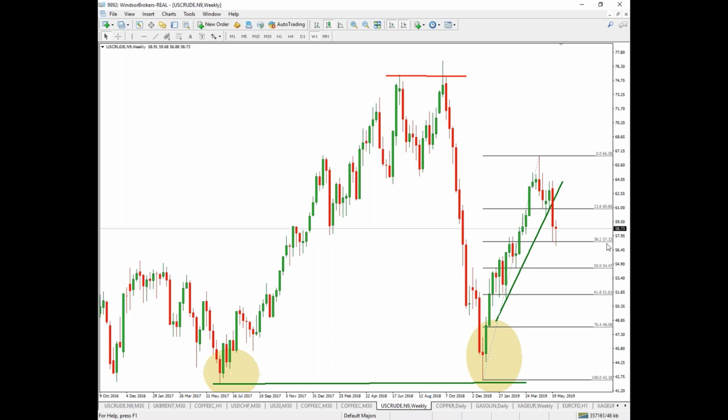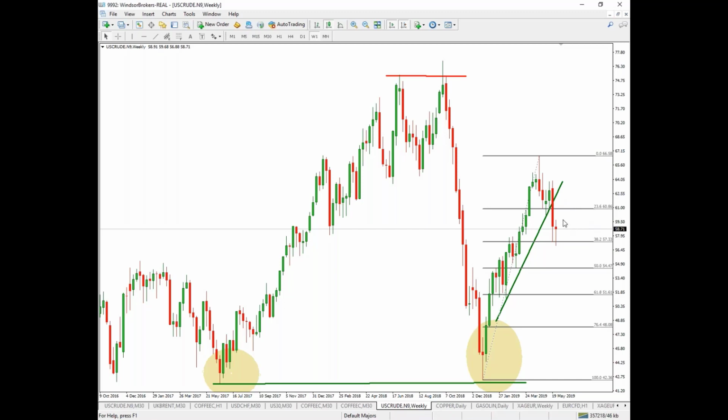We mentioned in our class about Fibonacci that this is one of the key levels. So a breach of this level means that a reversal is very likely, and we can expect the price to go lower. So we have a breach of initial support, trend line support. We had the next support 23.6 at 60.86.